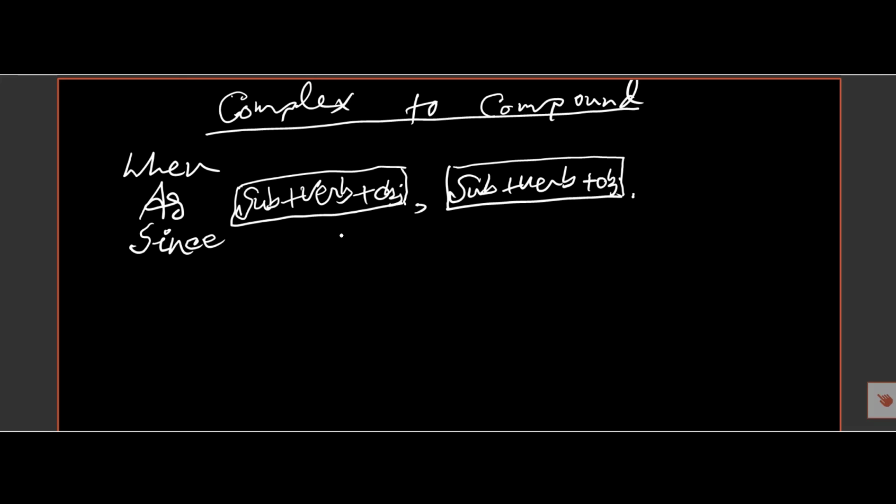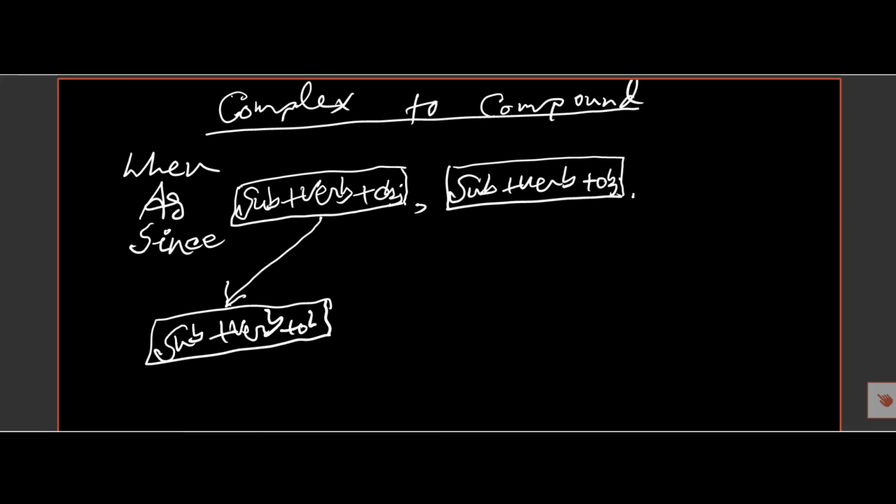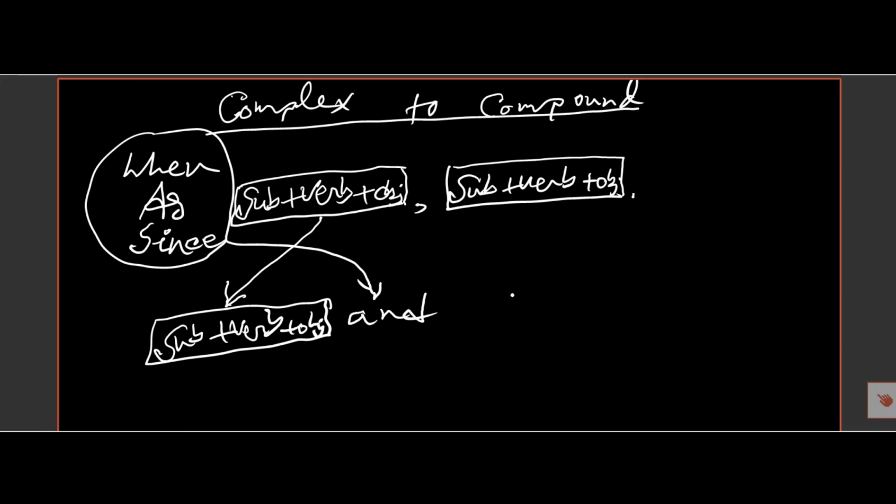Removing this, we must begin with this part, the subject, verb, and the object, and then, instead of this, we must put a conjunction here, and the other part will be here.